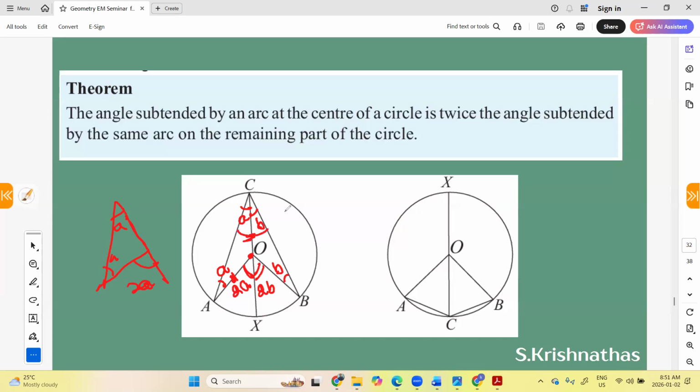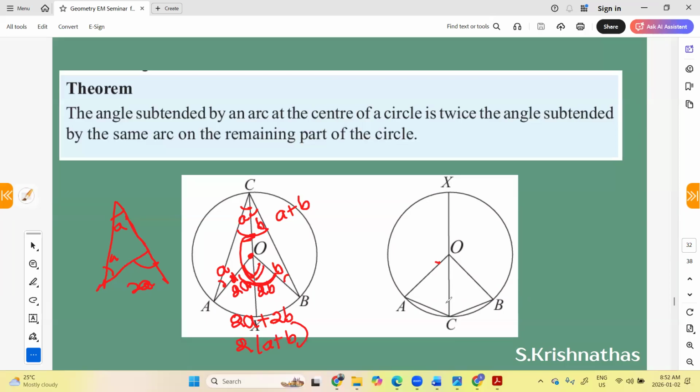Totally, this angle is A plus B. And this one is 2A plus 2B. If you take out 2, it is 2 times A plus B. So the angle subtended by the arc at the center is twice the angle subtended on the remaining part of the circle. Right? The same thing.